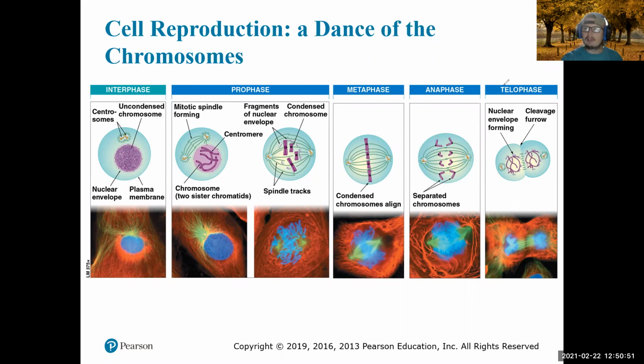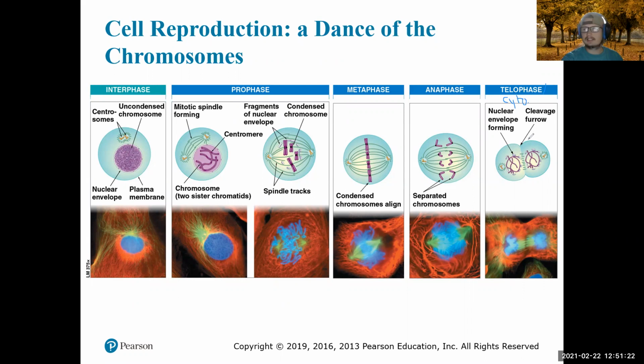Then in telophase, so a lot of times you'll see telophase slash cytokinesis because these are kind of happening together. But in telophase, you have the reforming of the nuclear envelope. You have the chromosomes uncondense. You have the spindle fibers go away. And you also have the physical separation of the cell in cytokinesis.